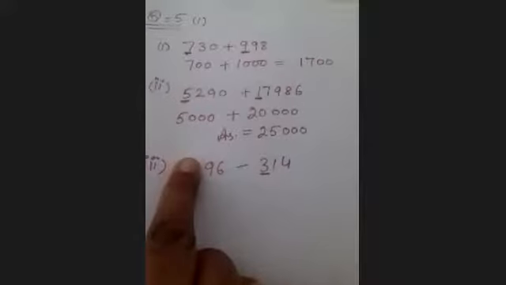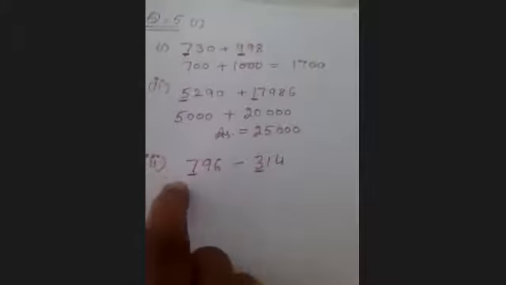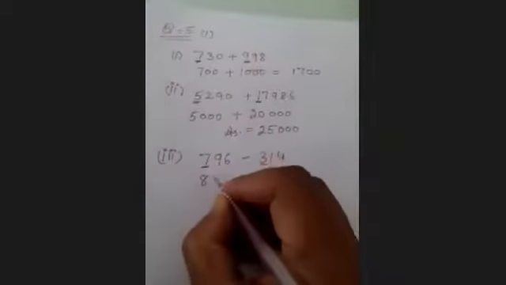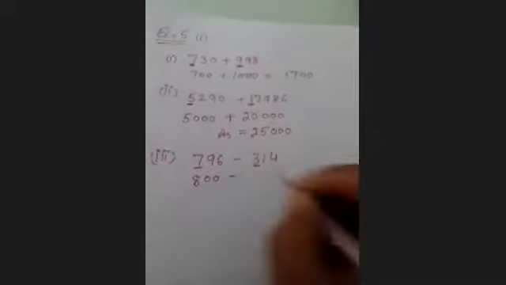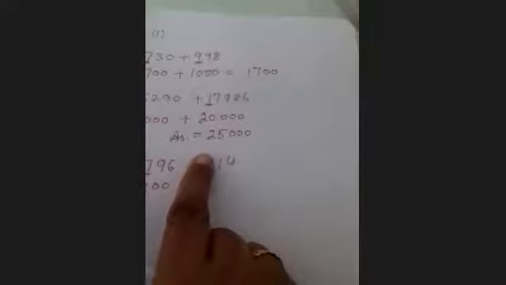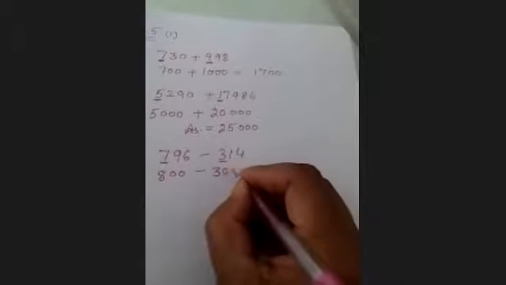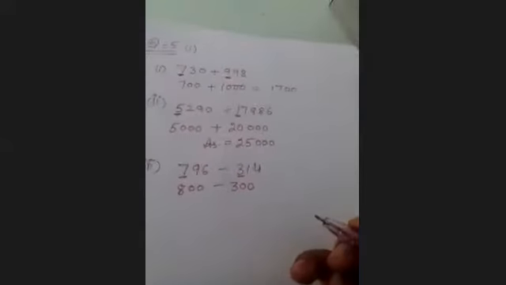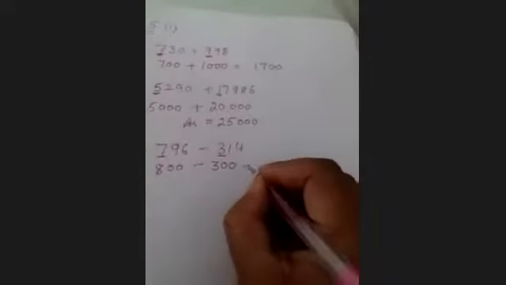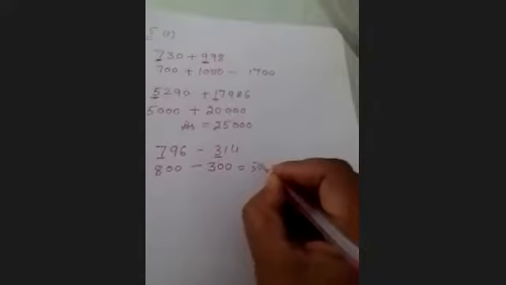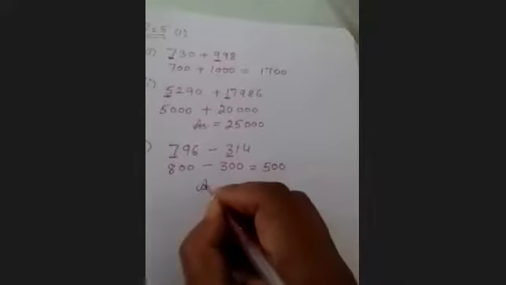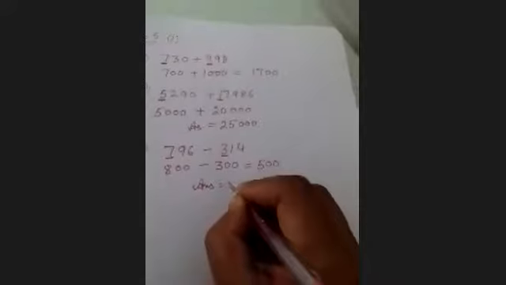Put your finger on 7 and observe the next number. Next number is 9, so the nearest value will be 800. In 314, our greatest place is 3. The next number is 1, so the nearest value will be 300. Now 800 minus 300 is equal to 500. So your answer is 500.